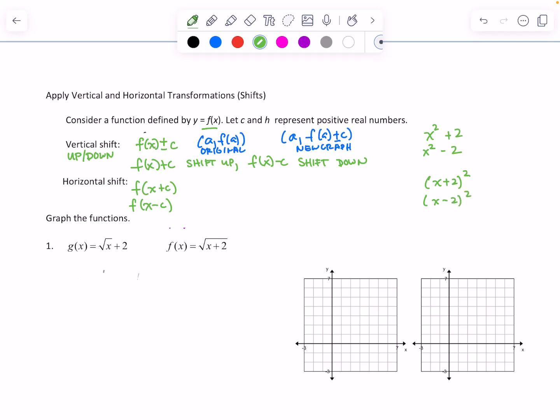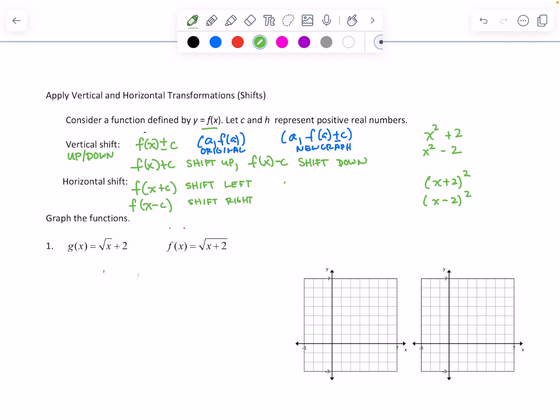And the key difference here is that when the shift happens on the inside of the parentheses, that means that we are moving left or right. It's a little counterintuitive, but f of x plus c is going to be a shift to the left. F of x minus c is where we shift to the right.